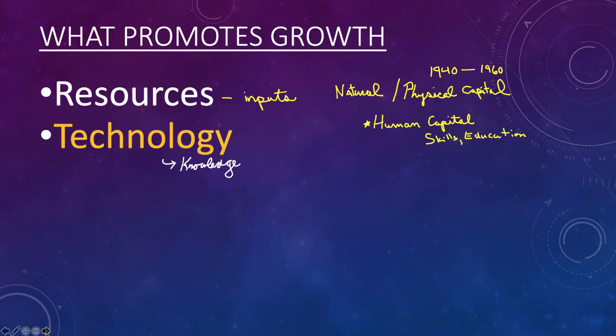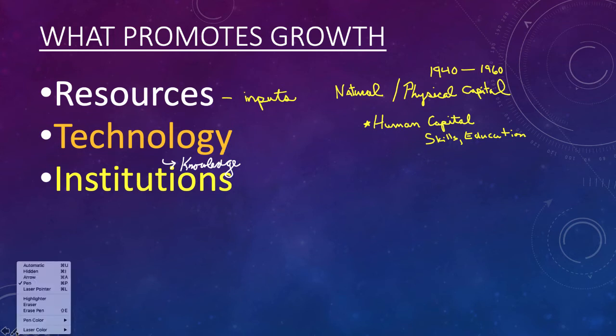So now back to our list of what promotes economic growth. Clearly resources are important, but so is technology. But perhaps the most important thing that helps to promote economic growth, the thing that economists are most interested in these days, at least for now, are what we call institutions. Institutions can be thought of as the rules of the game.